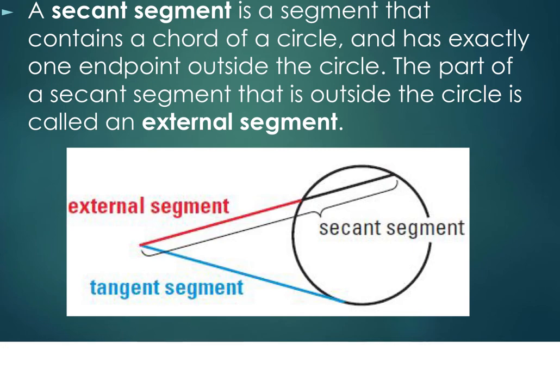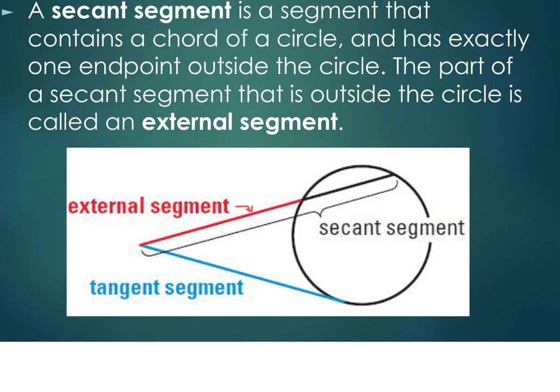A secant is a chord that continues on outside the circle. But it has an external part, which is what is defined here in red, okay? This red part is the external segment. And then the entire thing is called the secant segment, okay?